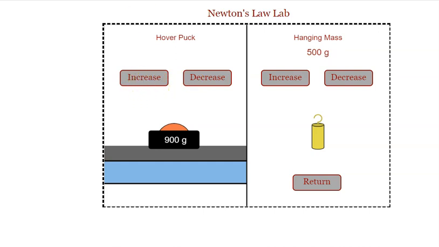We will have the puck increase, we'll start from 100 grams. And then you're going to just increase the puck mass and keep the hanging mass constant. So you will get an increasing moving mass. Okay, so we'll run the first one.